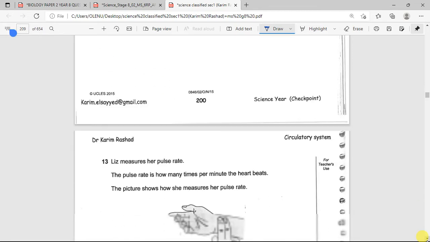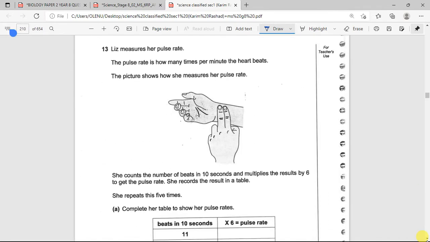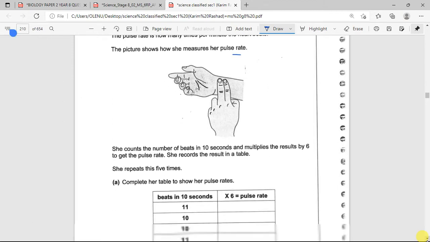So next is, Liz measures her pulse rate. The pulse rate is how many times per minute the heart beats. Now, the picture shows how she measures her pulse rate using her wrist.